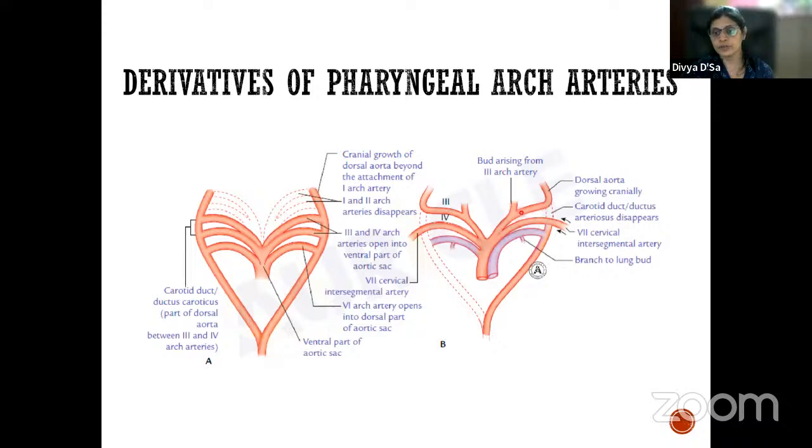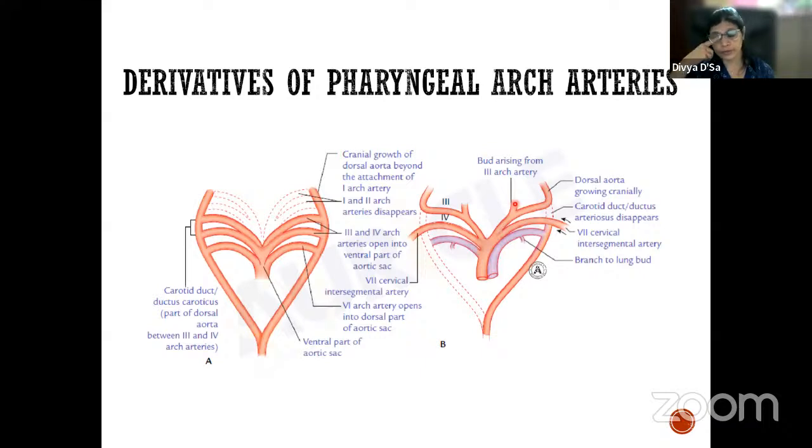And the portion distal to the point where this bud is formed, as well as the upper part of the dorsal aorta, will altogether form the internal carotid artery. So the outer portion is forming the internal, whereas the bud is forming the external. That is why, in gross anatomy, the external artery is more deeper inside, whereas the internal is more outside.